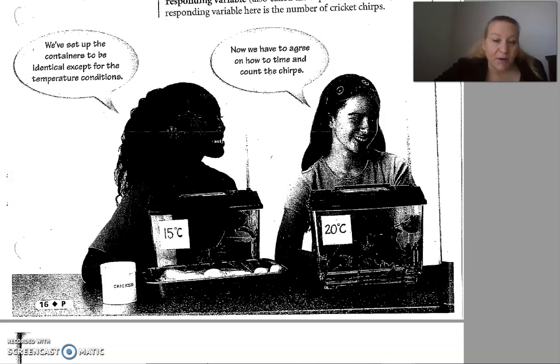A controlled experiment means that everything else stays the same except the variable that you are manipulating. Okay? This is important for you to understand what the definitions of a manipulated and a responding variable are.